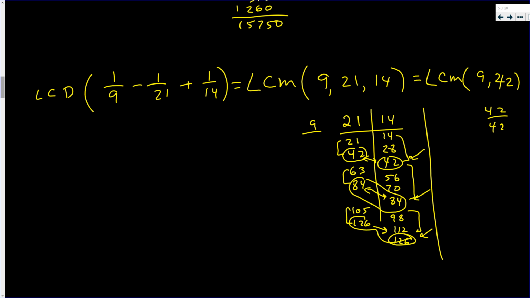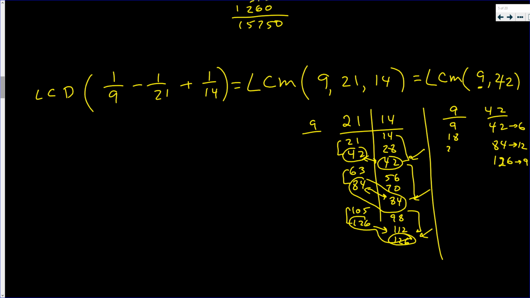I circled them on the left. 42, 84, 126. Now, if you remember, how do you tell if 9 goes into a number? The digits must add up to a multiple of 9. Those digits add up to 6. Those add up to 12, not a multiple of 9. Look at this. That adds up to 9, a multiple of 9. That is, 9 goes into that.